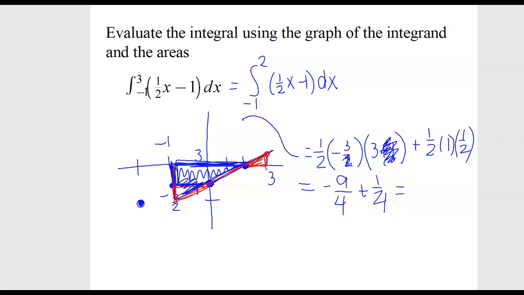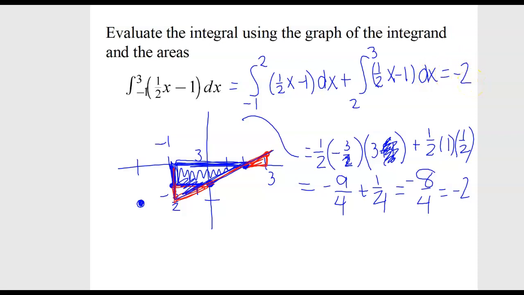So -9/4 plus 1/4 gives you -8/4 for a value of -2. Now, your calculator could have found that integral as 1 piece. We have to currently find it as 2 because we're using shapes and not our power rule.